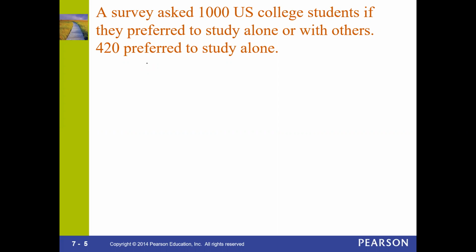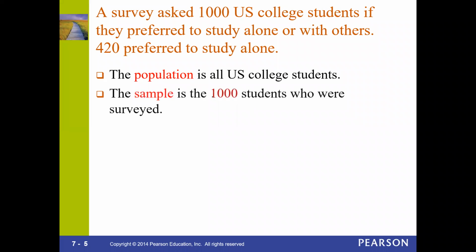If I study 1,000 US college students, this will give me an idea about US college students in general. I took a sample of 1,000 to get an idea about the entire population. The population will be the entire US college students, all the students in the United States. That's the population. And then you have a sample of 1,000.